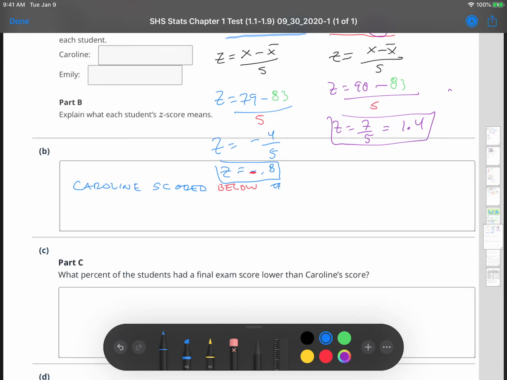Below the class average because, that's my explain word, because of a negative z-score.